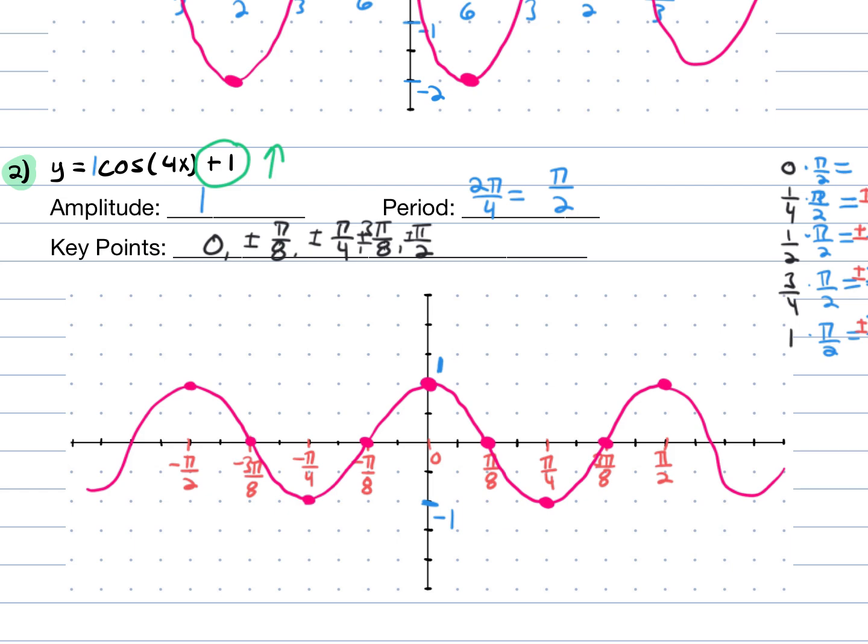So we're going to take every single one of our points and we're going to move it up 1 unit. So I'm going to draw a little tick mark at 2. We're going to move every point up 1 unit. Every single point. All right, so I probably wouldn't have connected the curve right away.